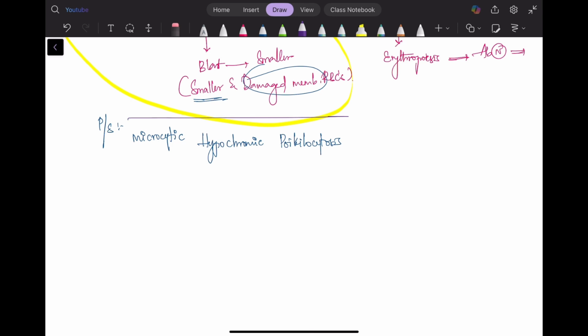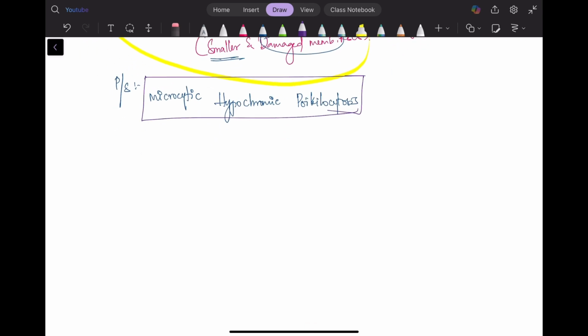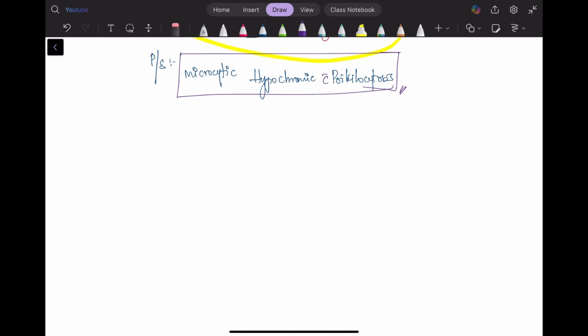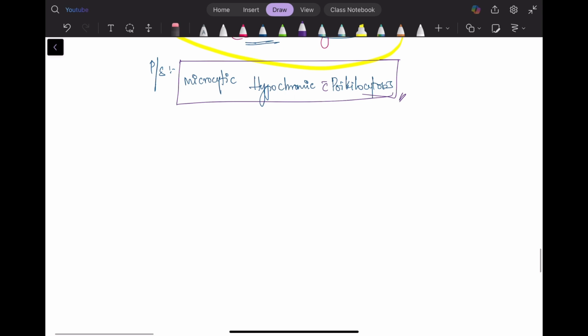So you find this in your peripheral smear. I hope that is clear. If you understand the pathogenesis, you will understand the peripheral smear, right? Microcytic, hypochromic with poikilocytosis, not poly, right?